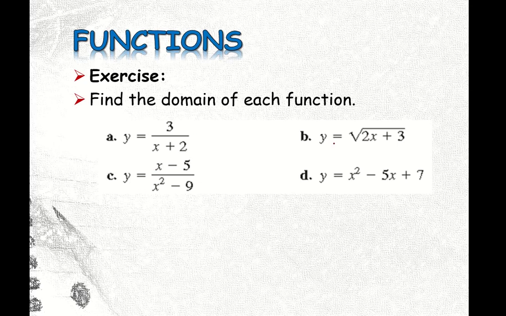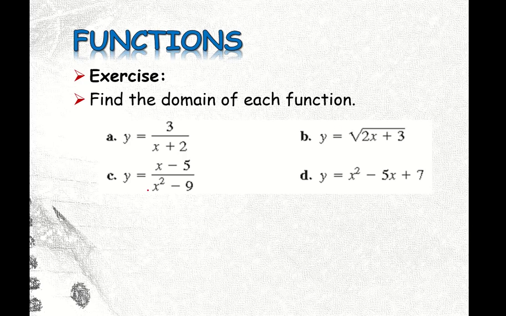For b, you have y equal to square root of 2x plus 3. So how will you solve for the value of x such that the radicand would contain only a 0 or positive? So 2x plus 3 here should be greater than or equal to 0. Otherwise, it makes the radicand a negative, which yields an undefined result.